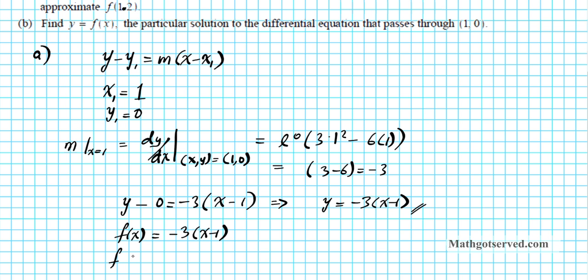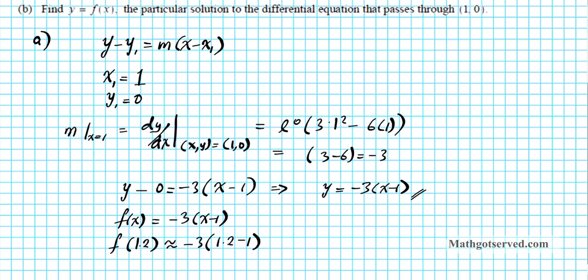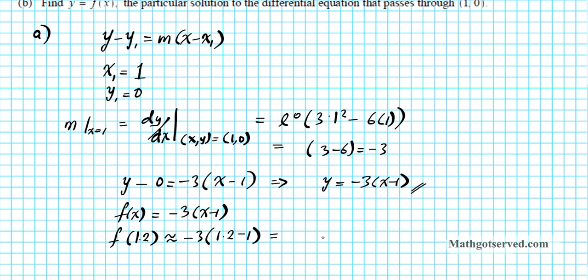So f of 1.2 is going to be approximately negative 3 times 1.2 minus 1. So if we subtract the quantity in the parentheses, you have negative 3 times 0.2, multiply that out, you have negative 0.6.